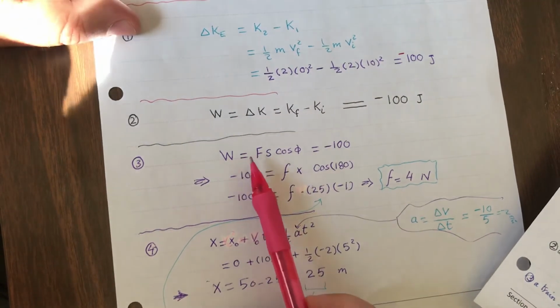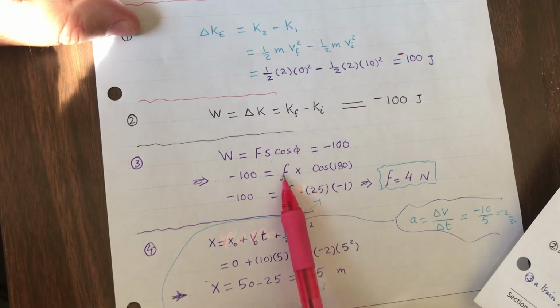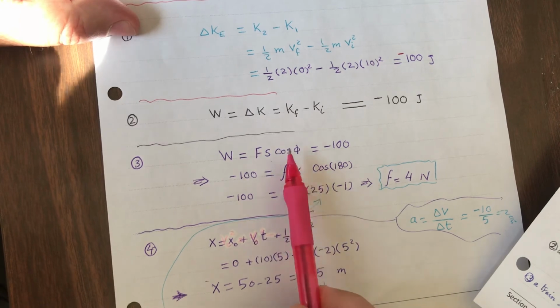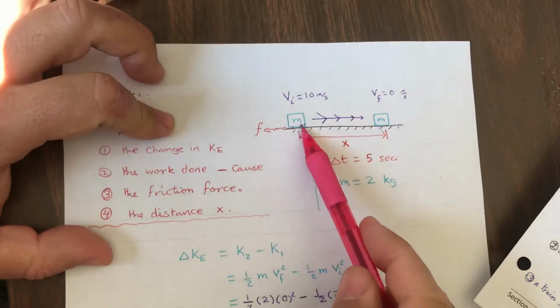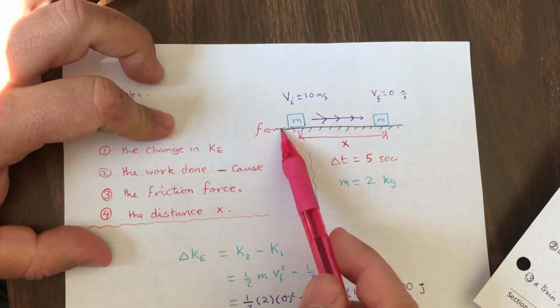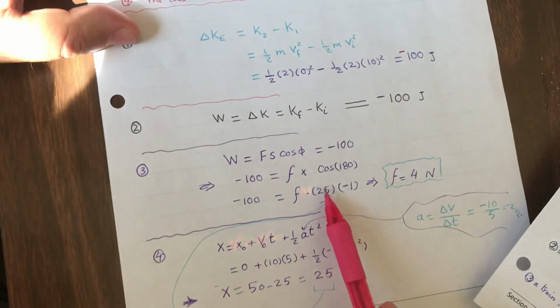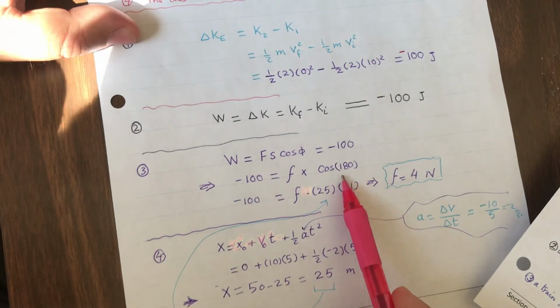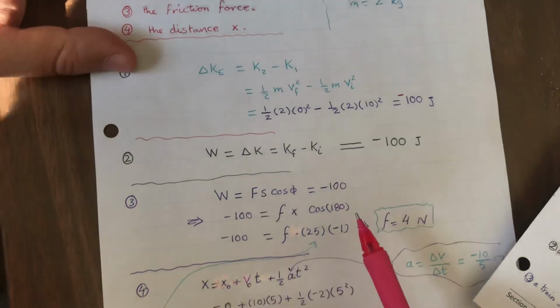The work relation is F multiplied by S, which is X in our case, and F is the friction force, and cosine phi. Phi: the motion is to the positive x-axis and the friction force to the negative x-axis. Then phi between them is 180. And that is why we have a negative sign.